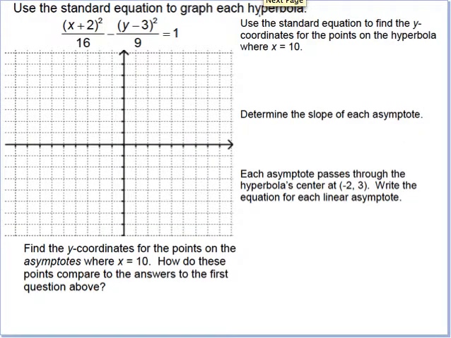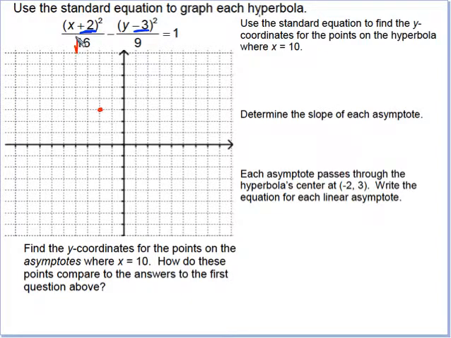We are going to graph this completely by hand with no calculators. First thing you want to do, find the center of the hyperbola. It's going to be negative 2, positive 3, so negative 2, up 3. I'm going to change my pen color to red so that my asymptotes are in red. There's the center.